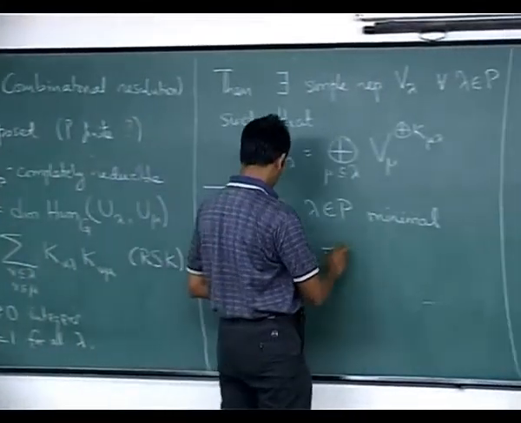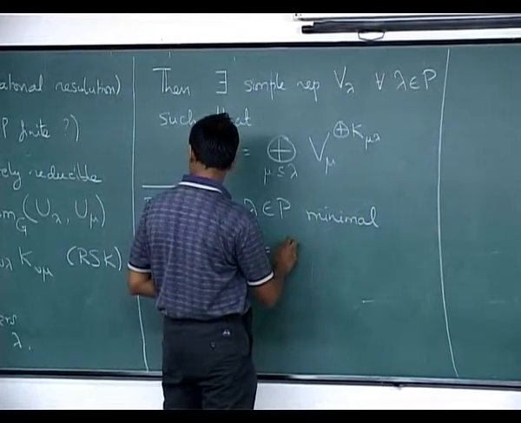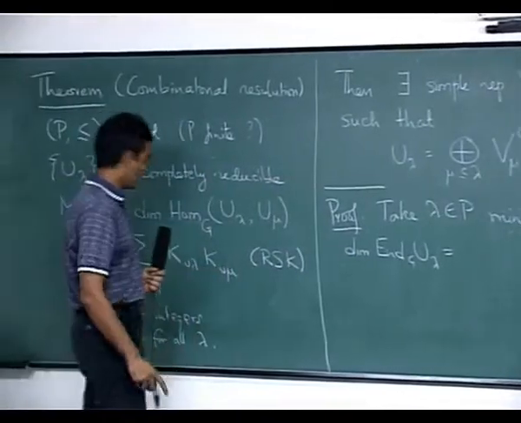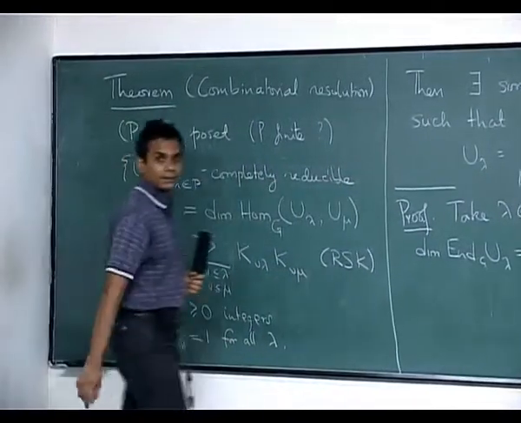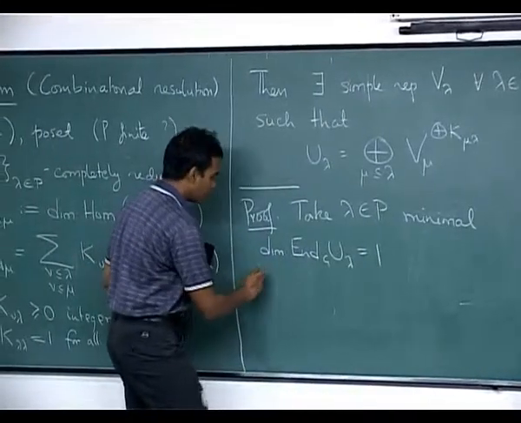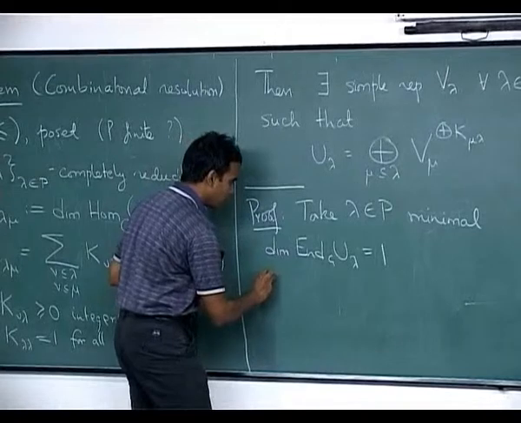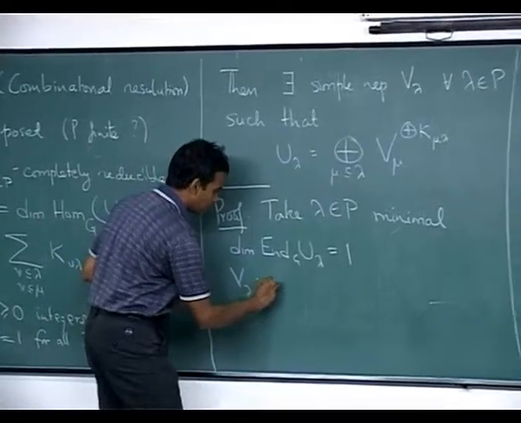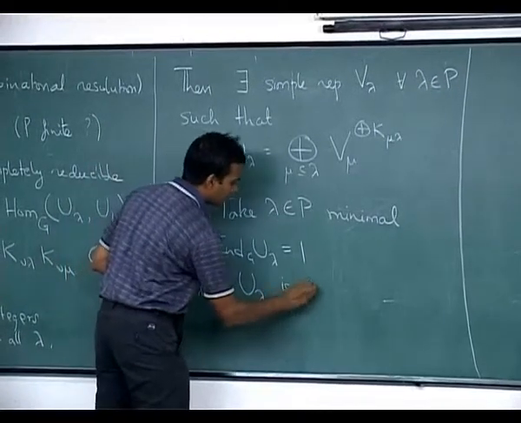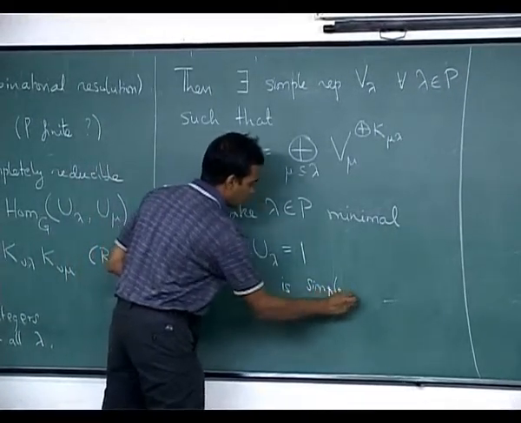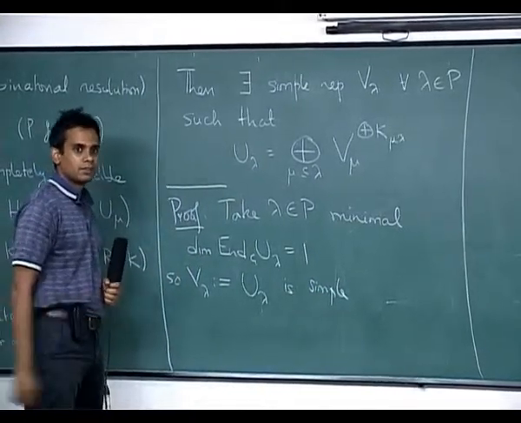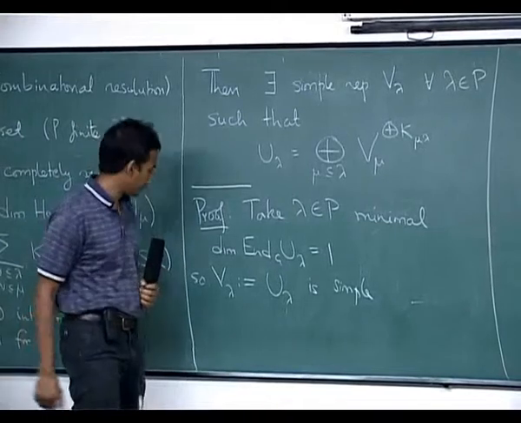We have k lambda lambda times k lambda lambda, which by this condition is 1. So by now we are familiar with this situation. We'll call this v lambda, it is simple, because it's just like we did earlier.